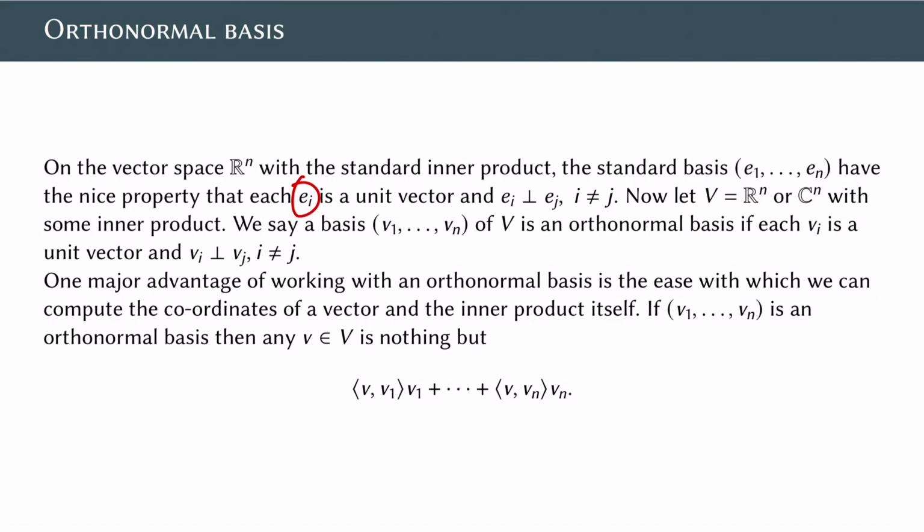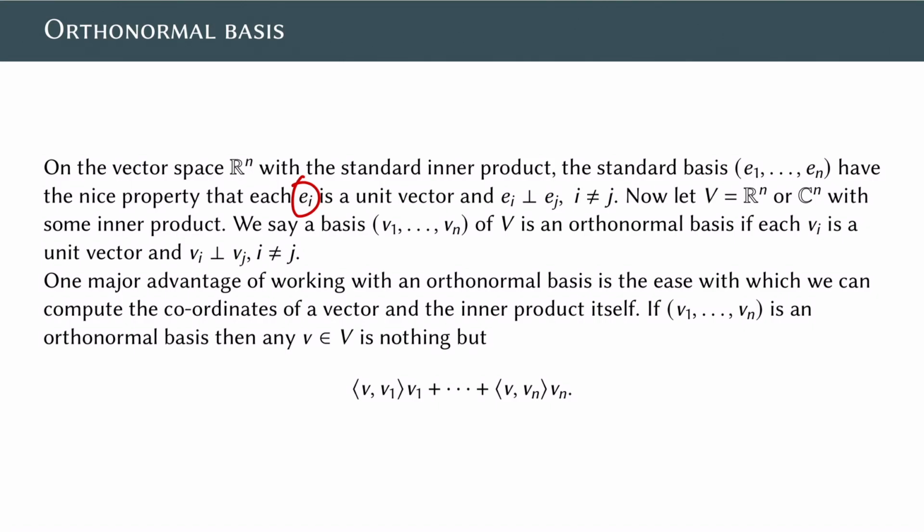We say a basis V1 to Vn of V is an orthonormal basis if each Vi is a unit vector and Vi is perpendicular to Vj whenever i is not equal to j. So we are mimicking the nice properties that E1 to En have with respect to the standard inner product.